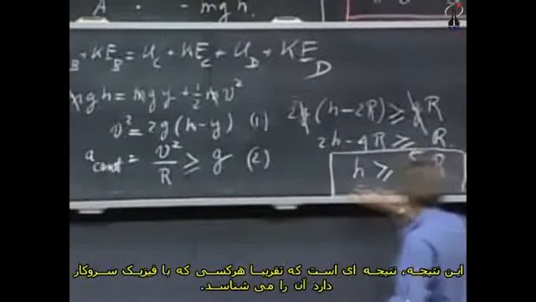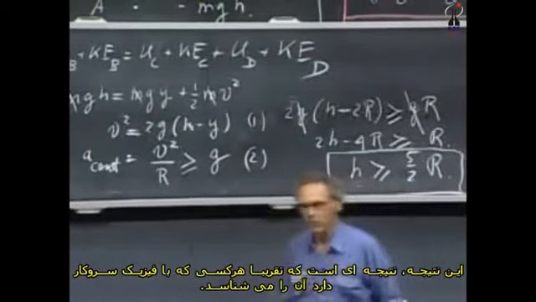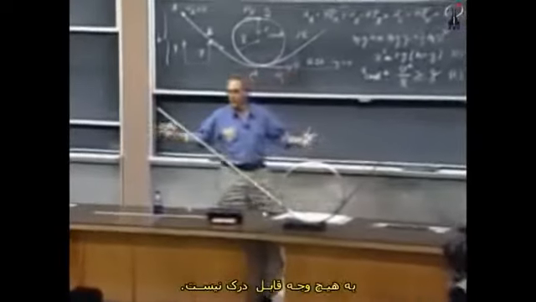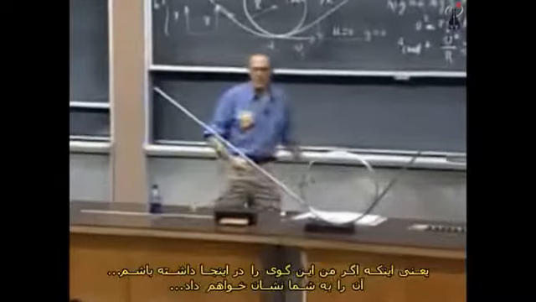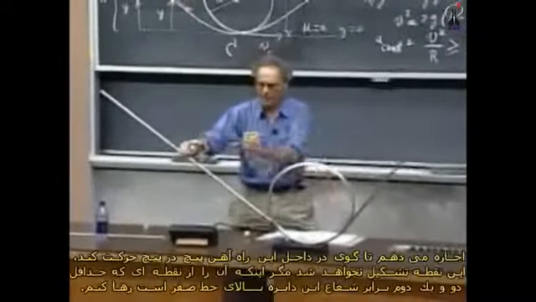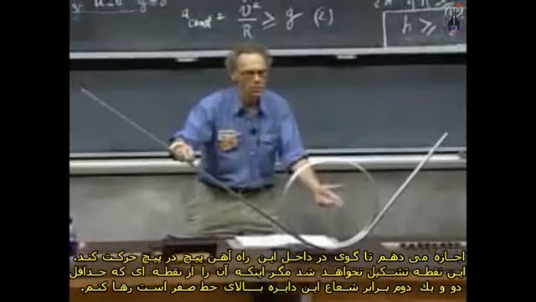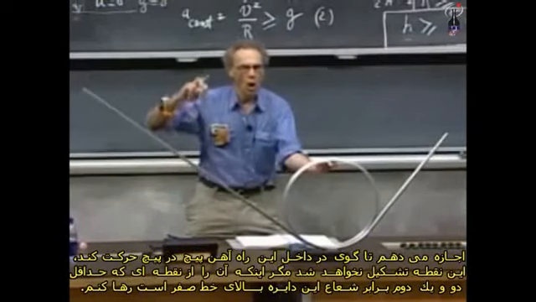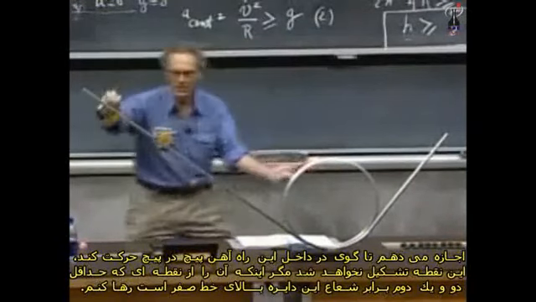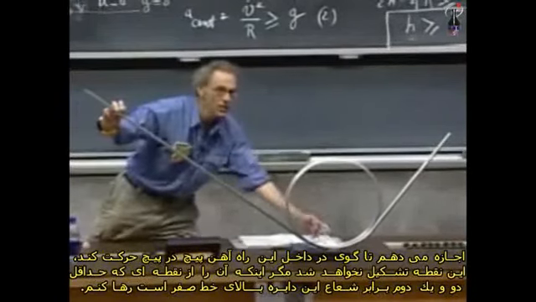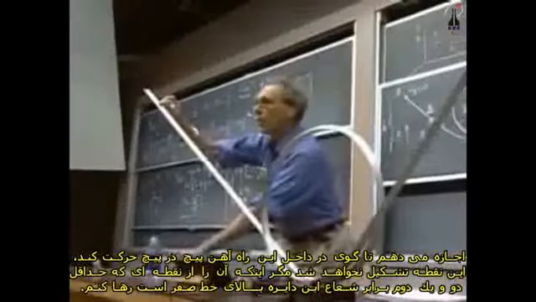This is a classic result that almost every person who has taken physics will remember. It is by no means intuitive. It means that if I have a ball here, and I will show you that shortly, and I let the ball go into this roller coaster, it will not make this point unless I release it from a point that is at least 2.5 times the radius of this circle above the 0 level.